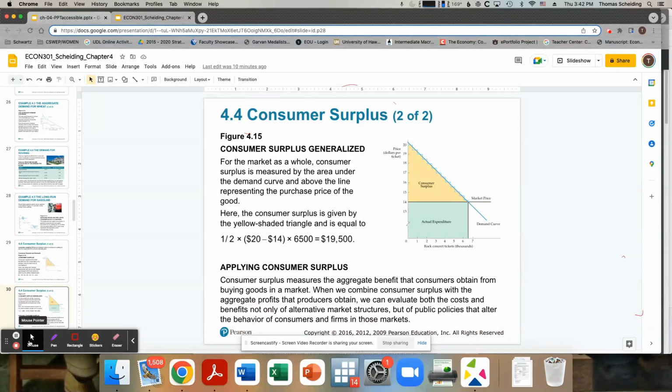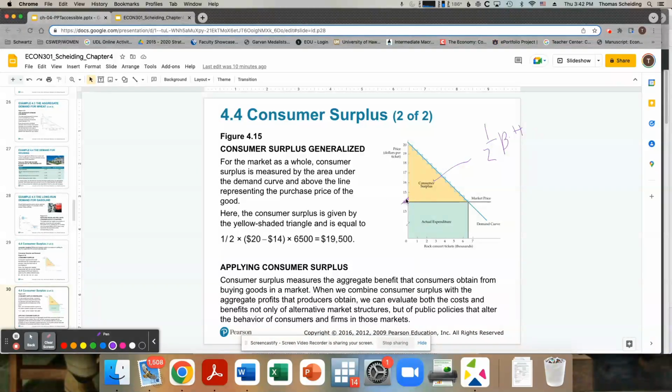Okay. So then we can start to draw out what that consumer surplus looks like. The consumer surplus would be the area below the demand curve down to the price, and then the actual amount spent would be the rectangle below the market price to the origin. So your equation for solving that space would be 1/2 base times height.